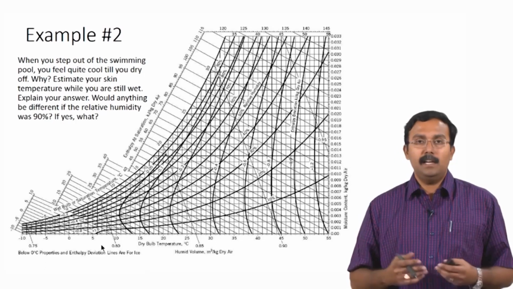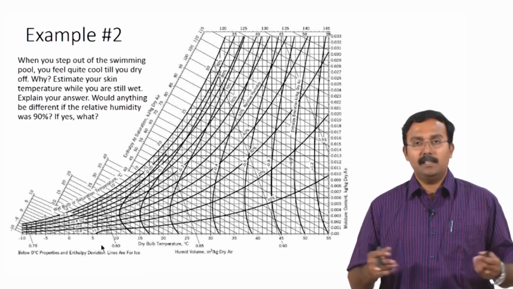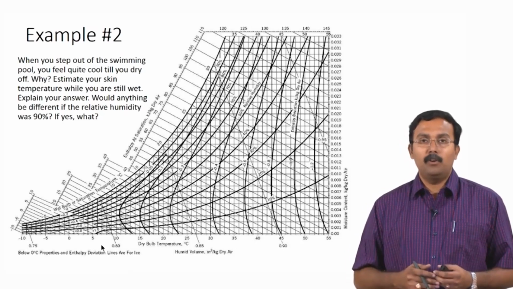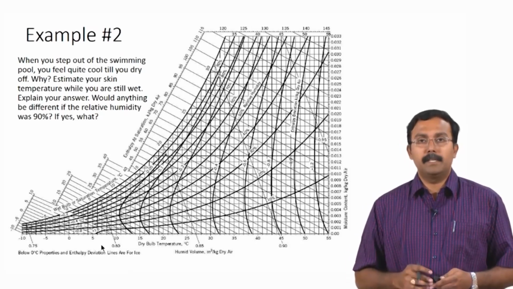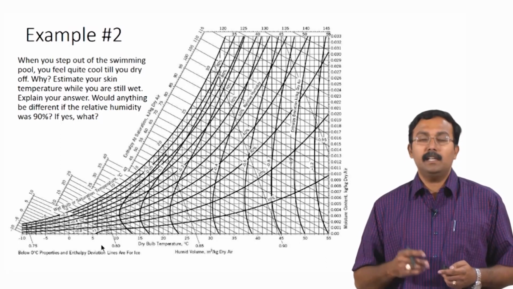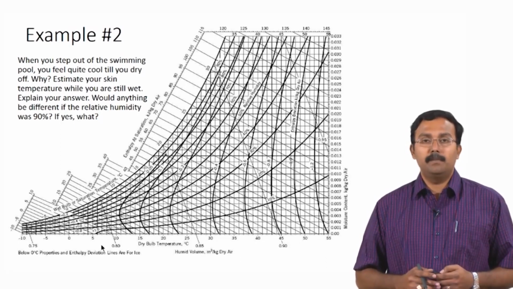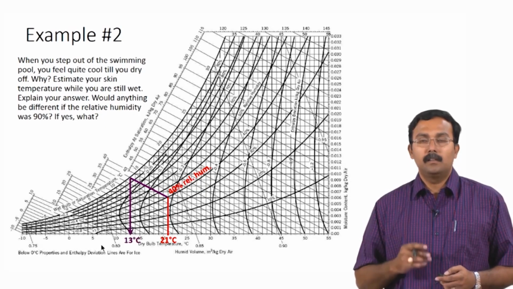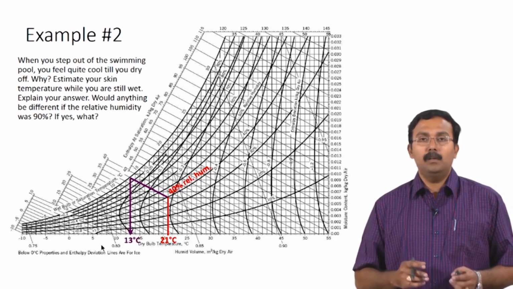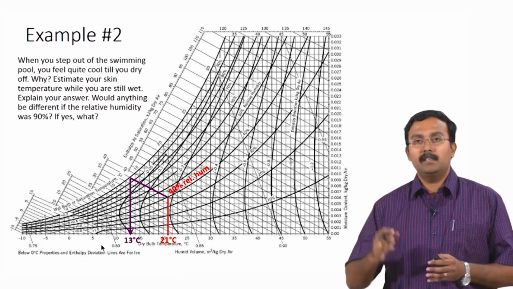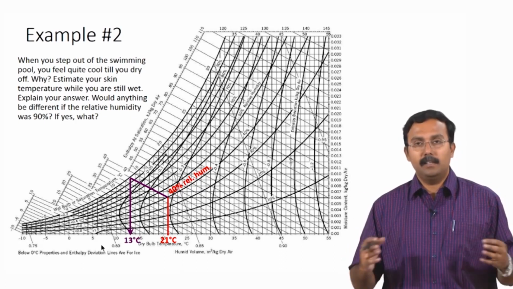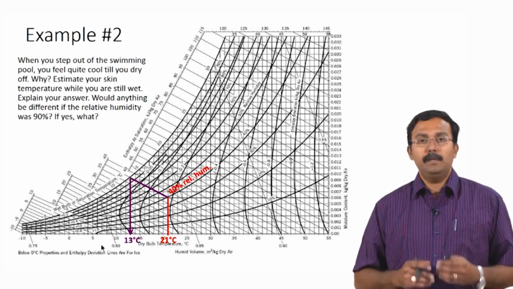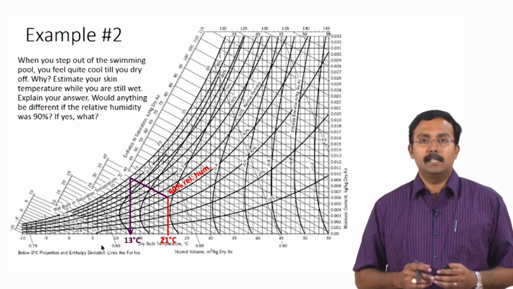If you keep standing on with a wet skin, standing outside and assuming the skin remains wet, your temperature will drop all the way to the wet bulb temperature. The temperature on your skin can actually drop to the wet bulb temperature, which would be 13 degrees Celsius. Although the actual temperature of air in your surroundings is 21 degrees Celsius, the temperature your skin would be experiencing would be 13 degrees Celsius.